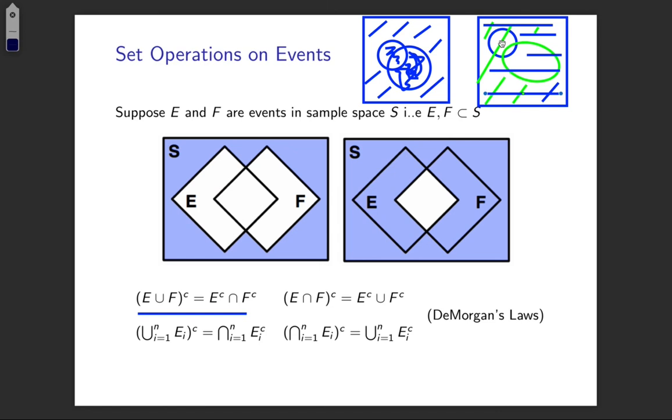And so the intersection of those is the points that are common to both of them. Well, the points inside here aren't common to both of them because they're not in E complement. And the stuff in here isn't common to both of them because it's not in F complement.